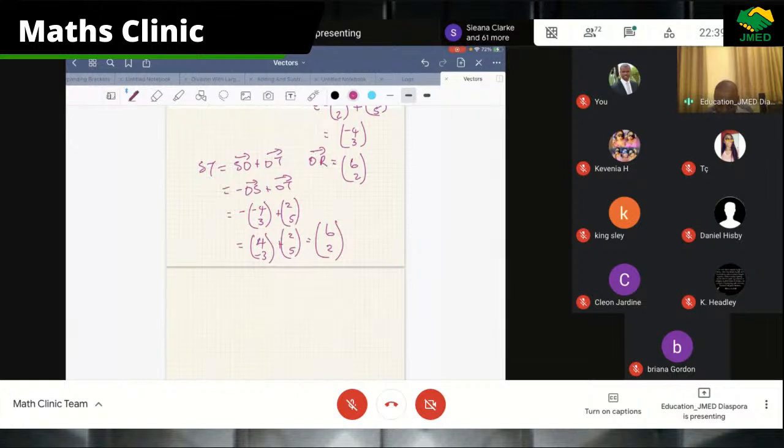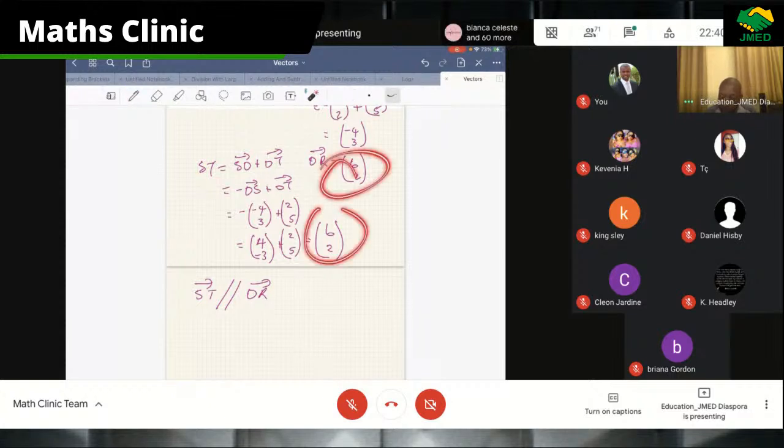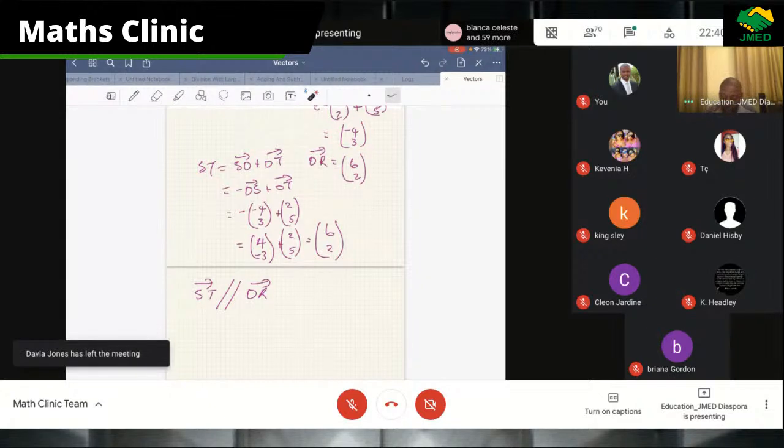I've got to be able to say that ST is parallel to OR. And I have to use the vectors because they are vectors. They are parallel because they are going in the same direction. And they've got a scalar multiplication of 1, so the scalar multiplication of 1 between both of them means that they have the same length.